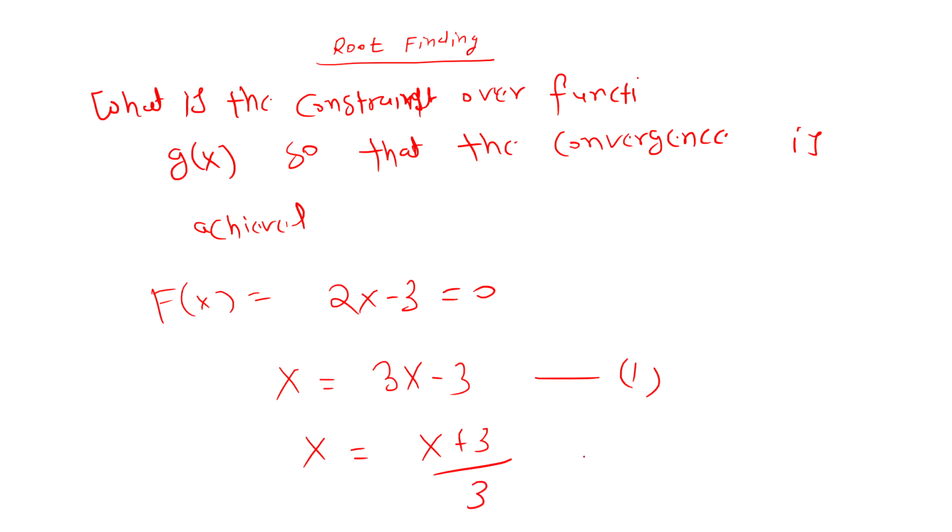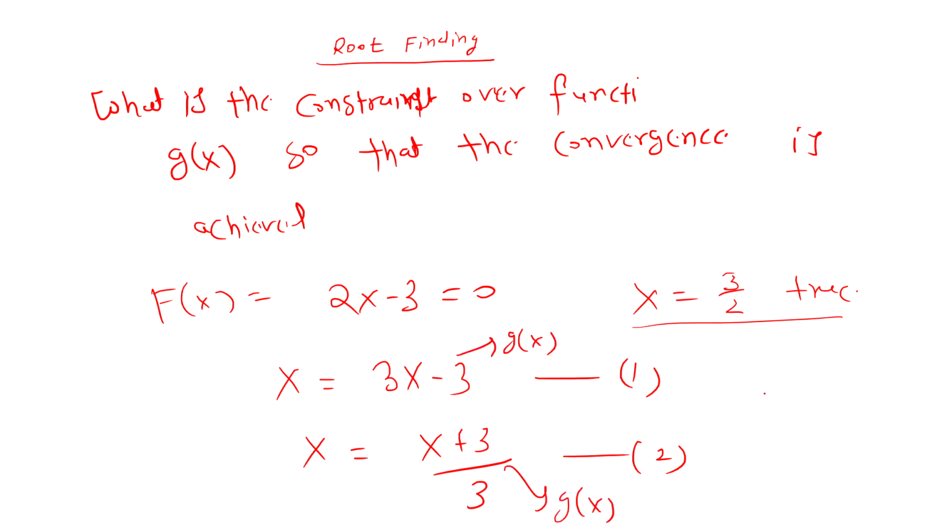Or directly we can say x is equal to 3 by 2, that is the true root. So there can be multiple expressions out of this function. Either this can be g of x or this can be g of x.